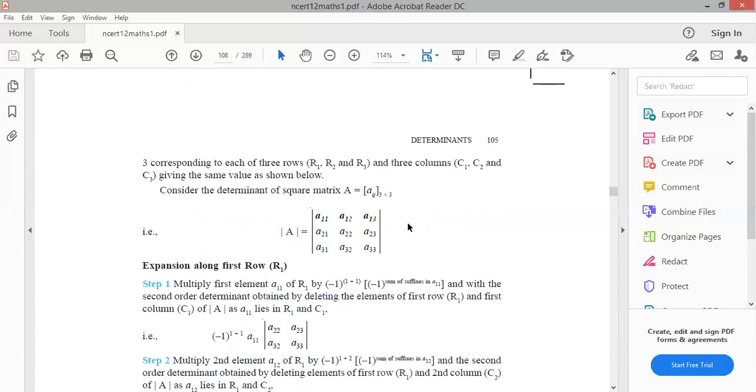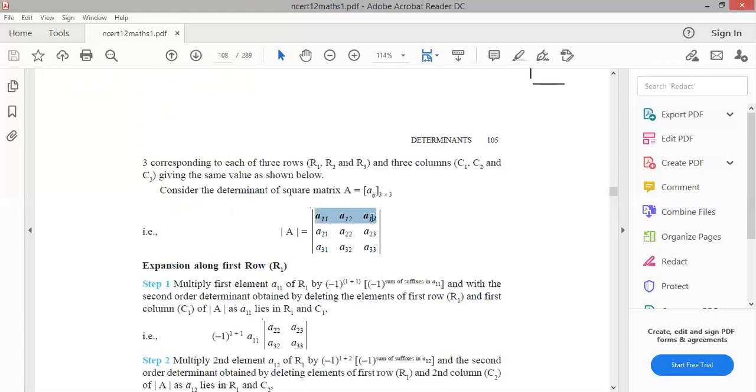For a 3 cross 3 matrix, we can evaluate it along any row or along any column. For example, we want to evaluate the determinant along row 1 of the matrix. So how can we calculate this?